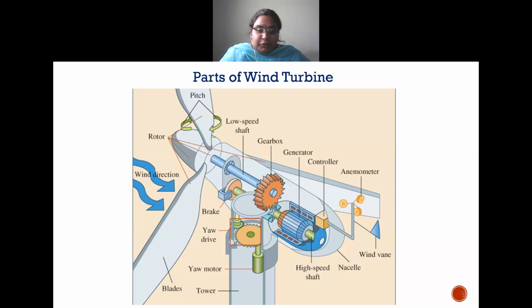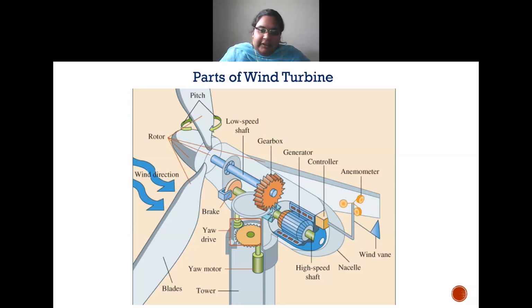To convert it into high speed, we'll be having a gearbox. Okay, after the gearbox we have the generator, which converts the mechanical energy into electrical energy. You know that. Again, the controller is nothing but something to manage all these operations in a smooth manner. We have already seen different types of controllers and what they'll be doing, all those things. Next is the anemometer.